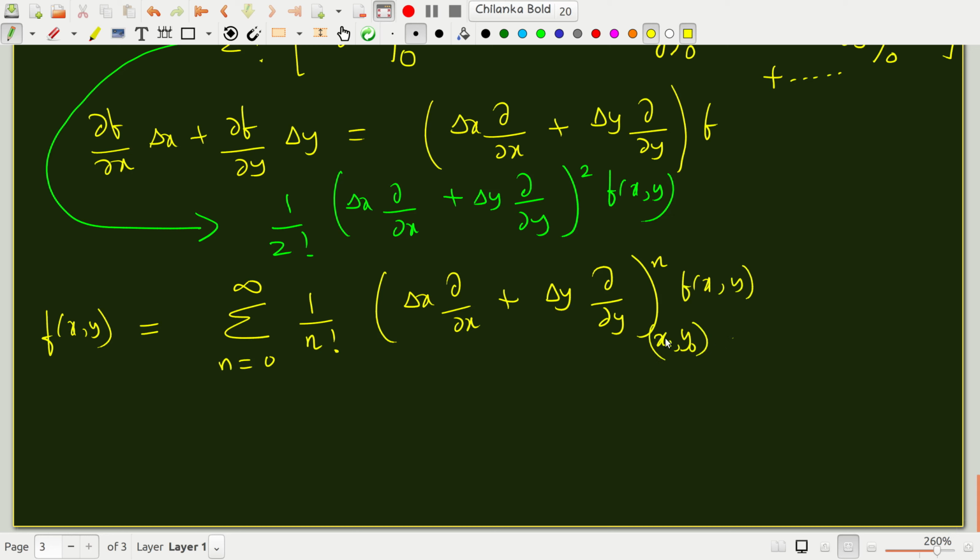Okay, so this is the beauty of multivariable Taylor expansion. You can quickly write down the higher order terms using this simple formula.